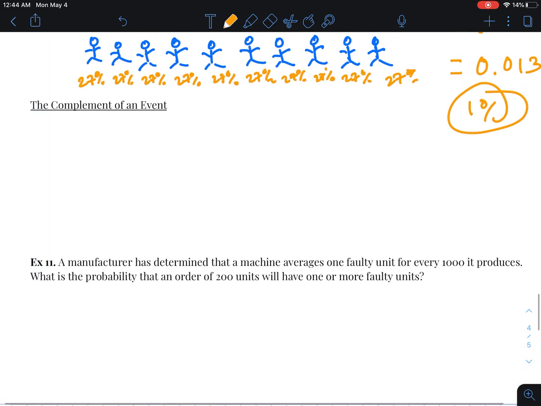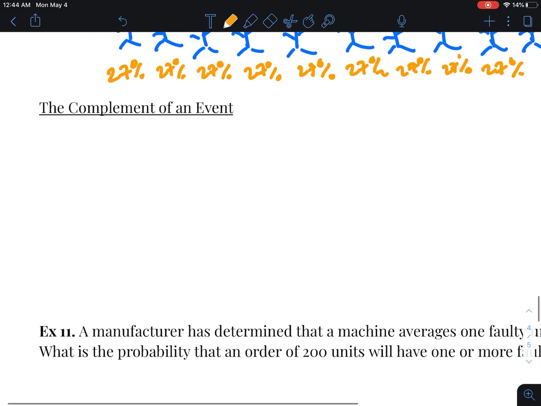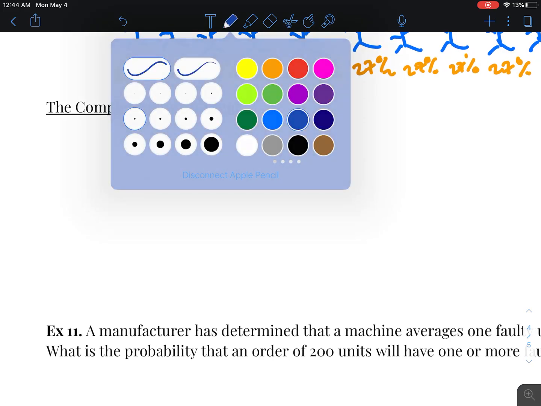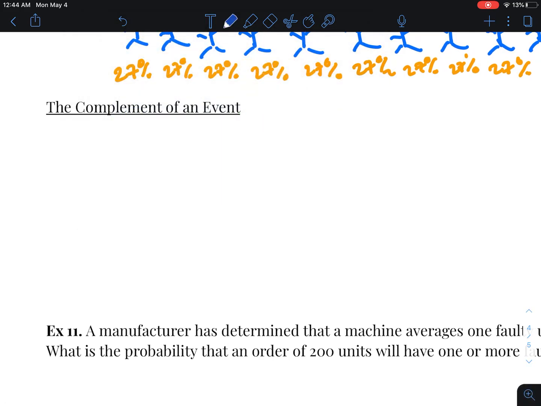All right, winding it up. Complement of an event. I just kind of like to call it the opposite of what's going on. You know, I've got a 90% chance of winning, my complement is I have a 10% chance of losing.